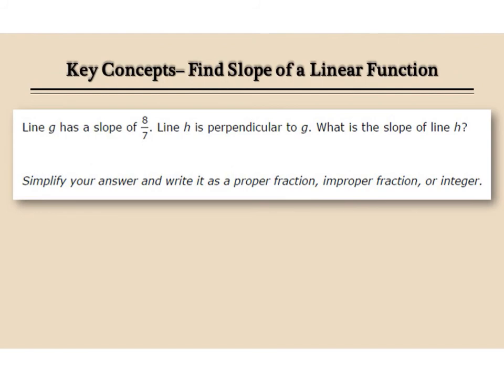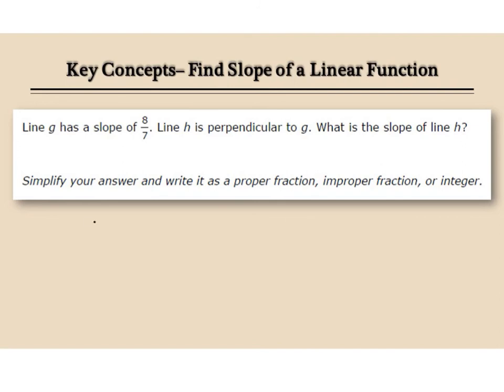Alright, line G has a slope of 8/7. Line H is perpendicular to G. What is the slope of H? Earlier in the video, I told you that if lines are parallel, they have the same slope. If lines are perpendicular, slopes are opposite signs and inverse numbers.